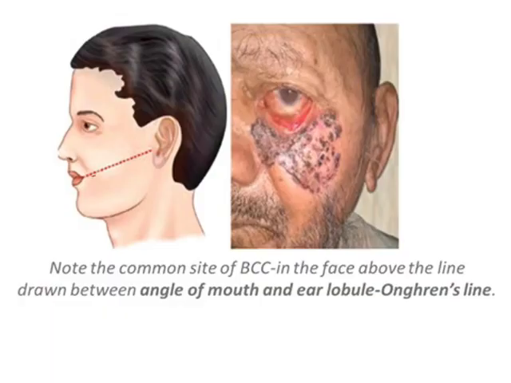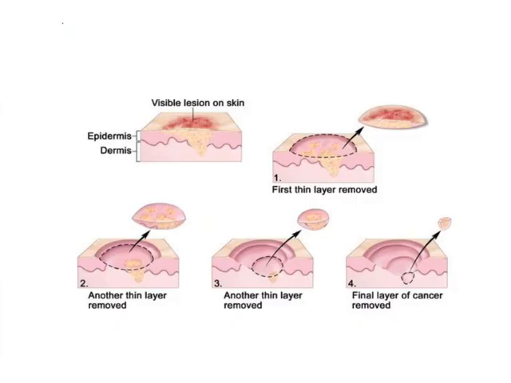Now see, this is the common site of BCC. This is called Ongren's line, right? Connecting the angle of mouth to the ear lobule. See, this is the ideal location. The most important diagnostic method would be the basic investigations, right? What will be your differential diagnosis?